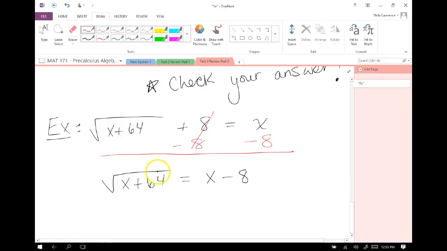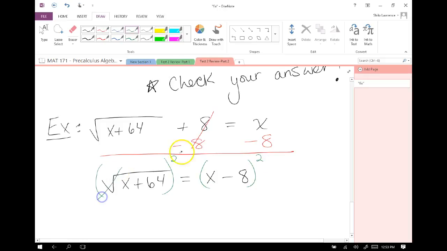A square will cancel a square root, and you need to be really careful because when you use powers, you can only use them once on the left and once on the right, and you're applying the power to the entire side of the equation. So I'm going to square the entire left, and I'm going to square the entire right.